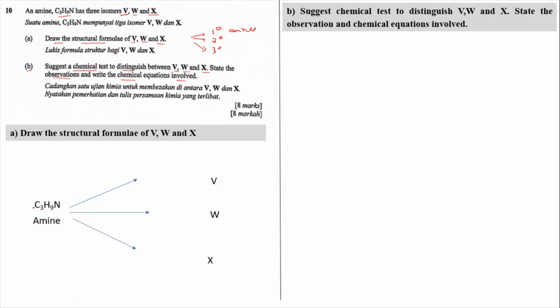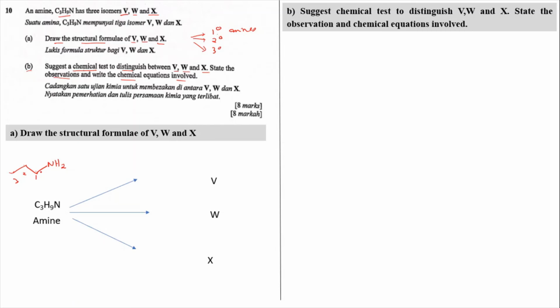So you know that this amine is going to have three carbons. So the first thing that we can do is draw the primary amine first, and it needs to be aliphatic because it only has three carbons. So 1, 2, 3, and then at carbon number 1 it's going to be attached with NH2.